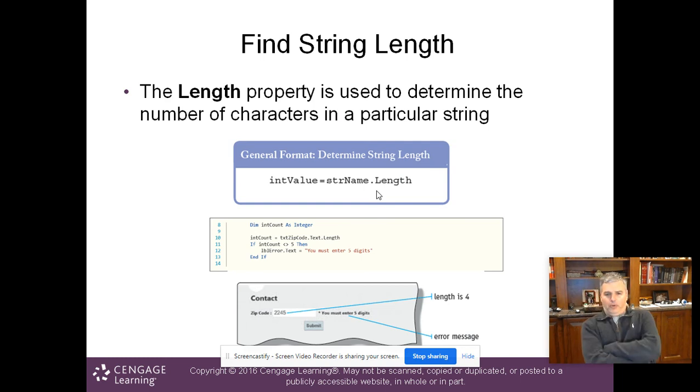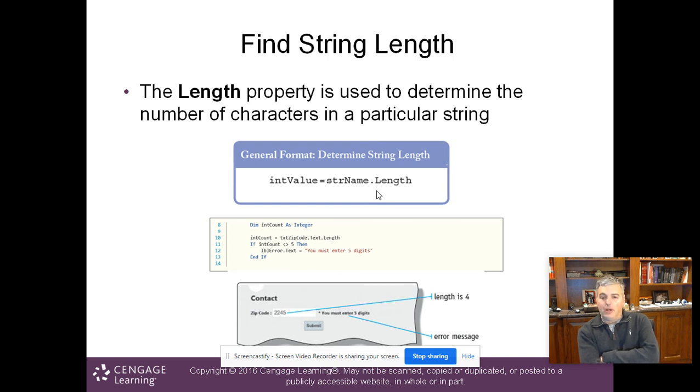So another thing we're going to be digging into a little bit more in this chapter is some of our string properties. The length property is used to determine the number of characters in a particular string. So if you want to look at a string and see how many characters are in it, you can use this dot length.